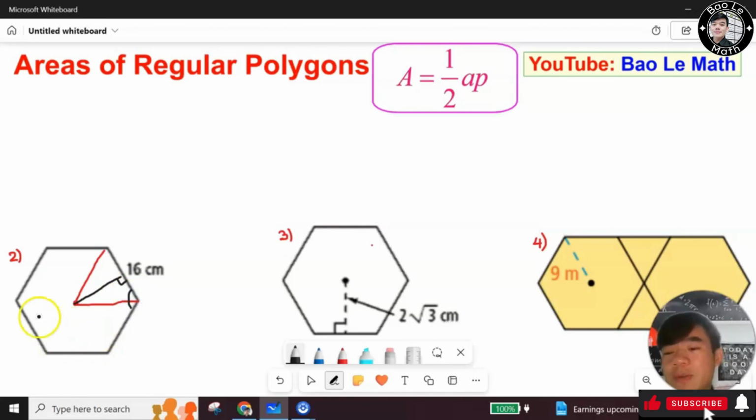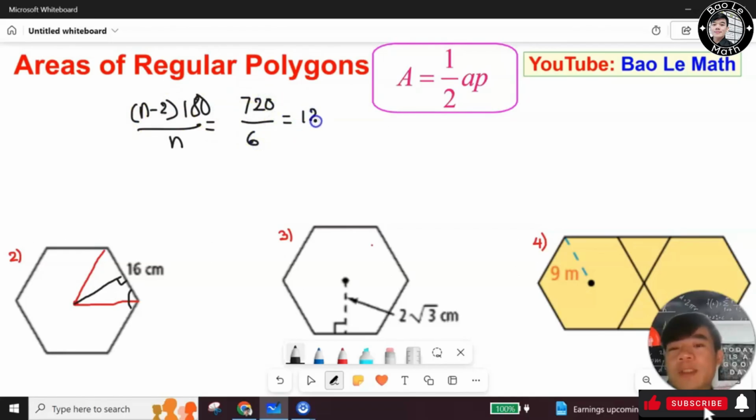This is a hexagon: 1, 2, 3, 4, 5, 6. So n minus 2 times 180 divided by n. The hexagon has 6 sides, so n equals 6. 6 minus 2 is 4. 4 times 180 is 720. 720 divided by 6. So each angle should be 120.